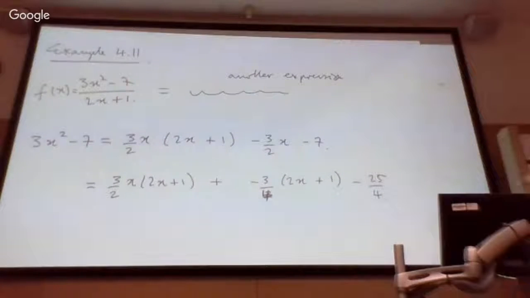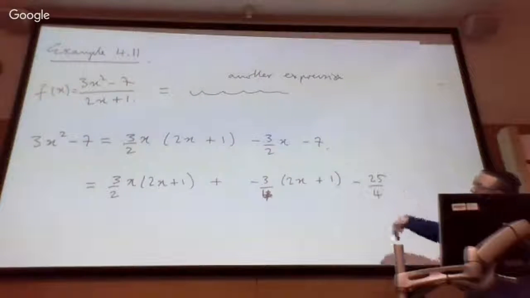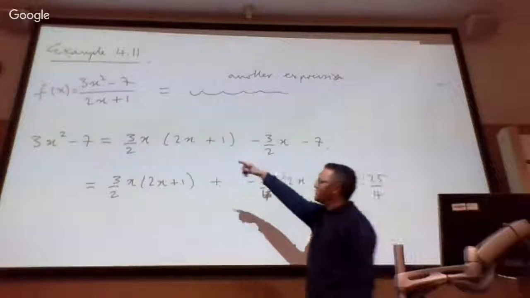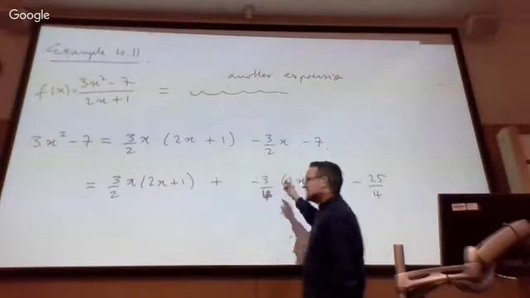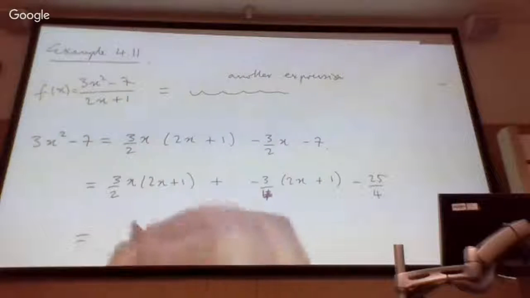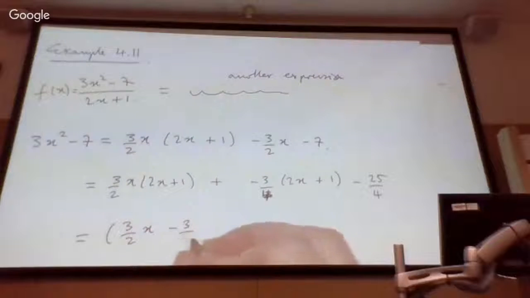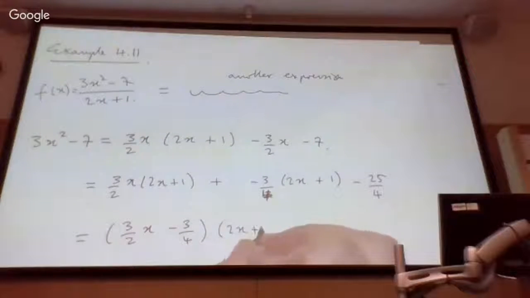So that's good. Okay, we've complicated our representation of 3x squared minus 7, but we've complicated it in an appropriate way in order to divide it by 2x plus 1. So we've got it as 3 over 2x minus 3/4, all multiplied by 2x plus 1.